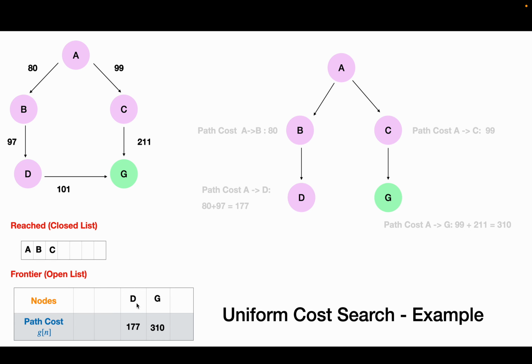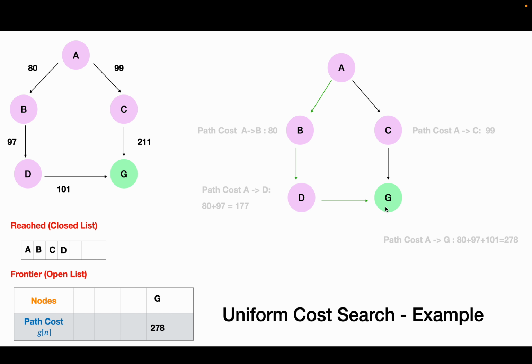When we place this in the closed list and expand its children, we have G as the child of node D, and it incurs only the cost 278, which is much less compared to the previous cost of 310. So G will be updated to the new path cost, which is 278, and if there is no other alternative path to reach G, then we say that G has reached the optimal solution.